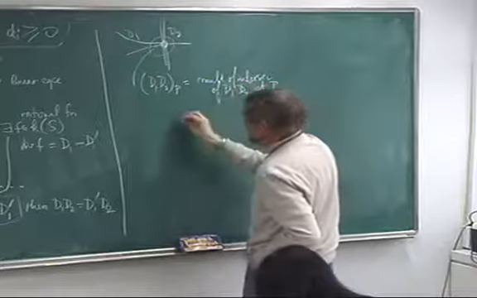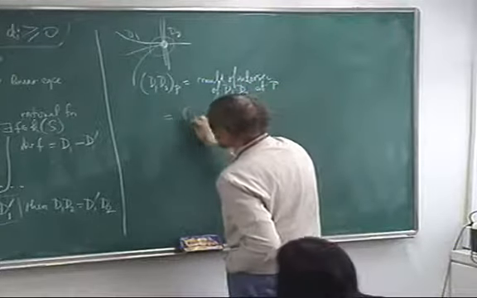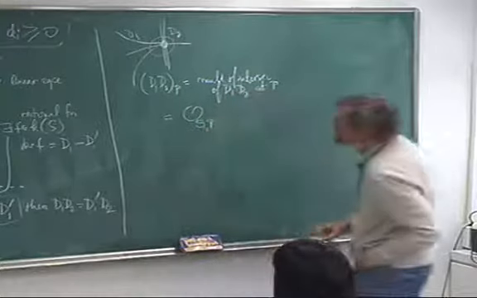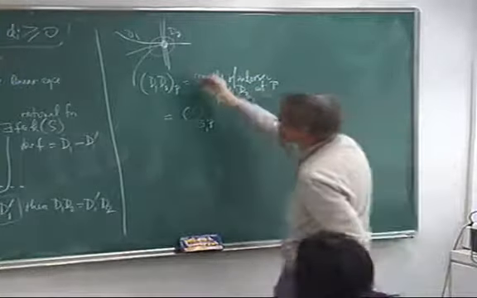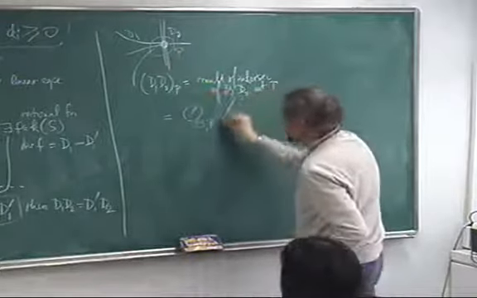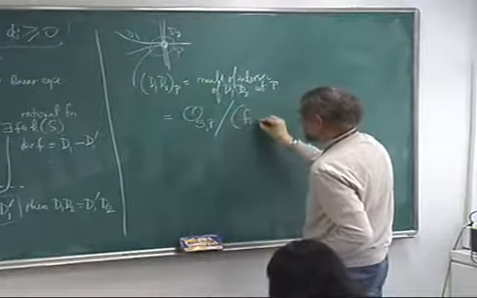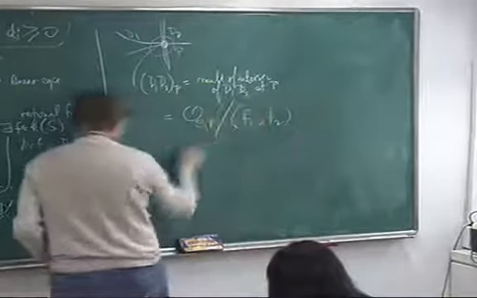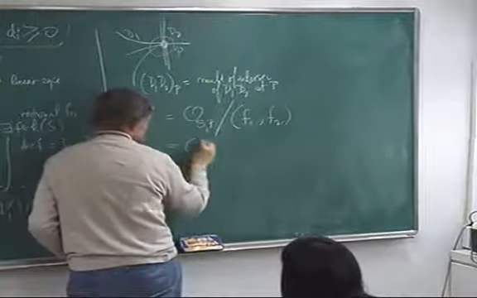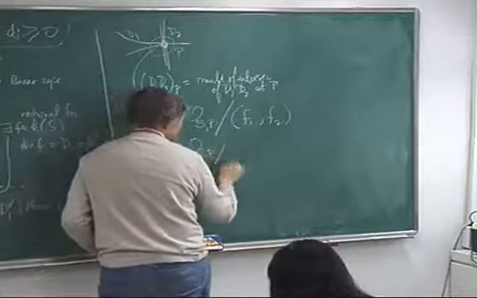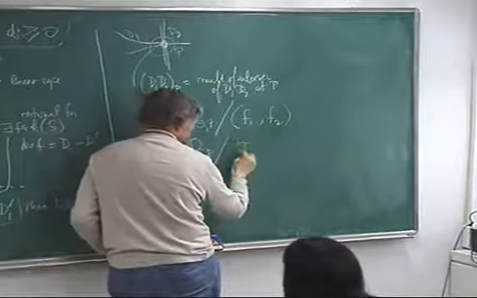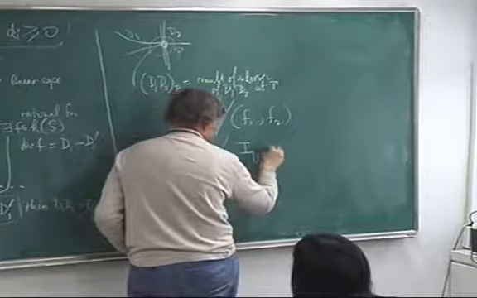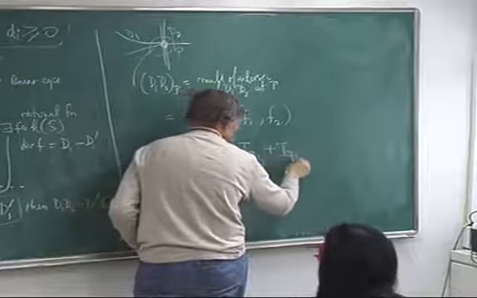And what we write is the local ring O_{S,P} divided out by the ideal of D1 plus the ideal of D2.